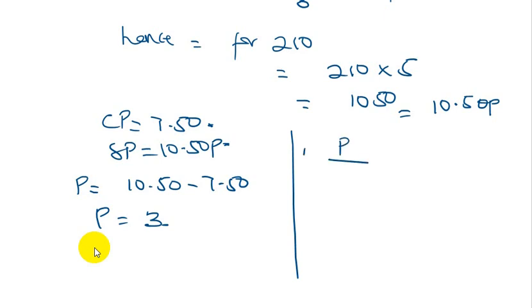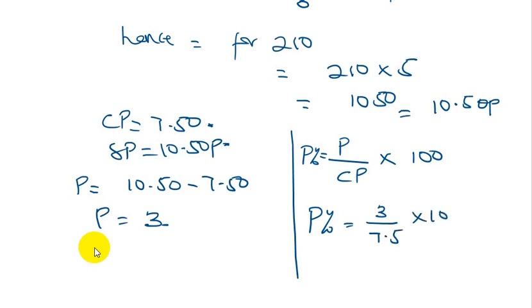Okay. Now profit percent will be what? Profit over the cost price times 100. So the profit percent is going to give us 3 on cost price, that is 7.5, times 100.